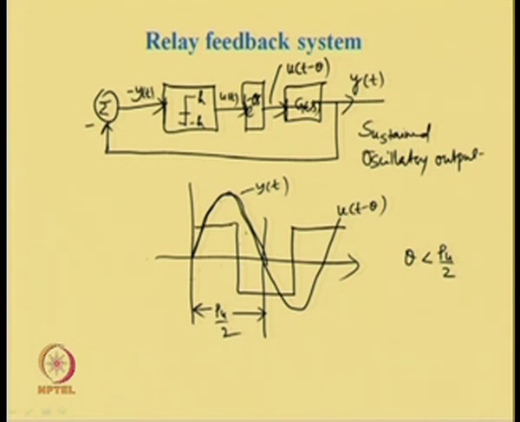Then when theta is less than Pu by 2, always we shall have two piecewise constant inputs to the system during one half or positive half output of the system. So, when the output of the system is in the upper half, during that the input has got two piecewise constant parts.